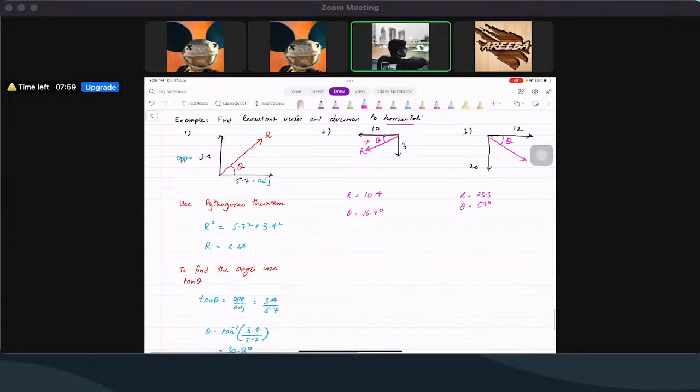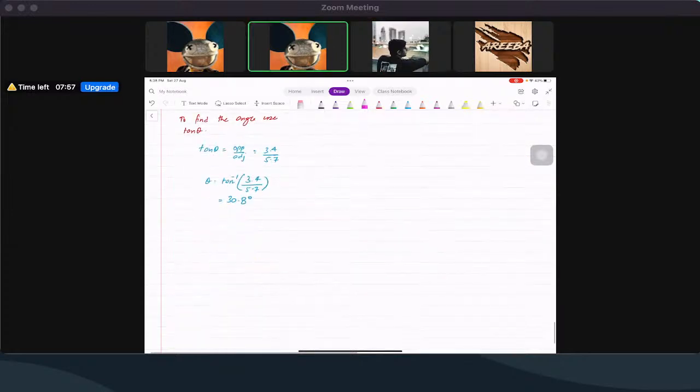Now I just want to tell you a couple of things. Suppose they have given you multiple vectors at once. There is one vector like this, which is A, with value 15.